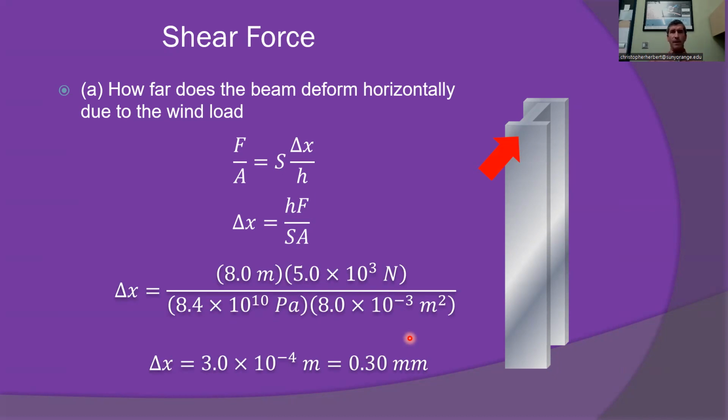Now that's important because when we think about the building, if it sways back and forth too much, you might have problems with things such as windows breaking, sheetrock cracking. So all of that has to be engineered into the building.